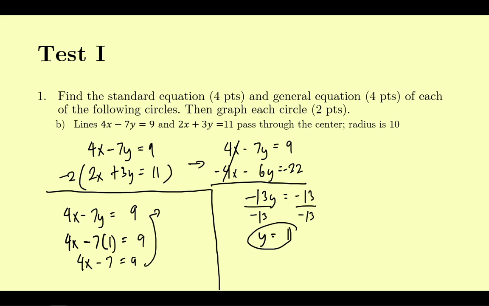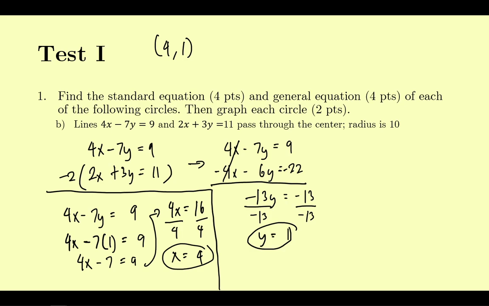And that implies that 4x is equal to 9 plus 7, or equal to 16. That means x is equal to 4. So x is equal to 4. And x, 4 and 1, this is the coordinate of your center.